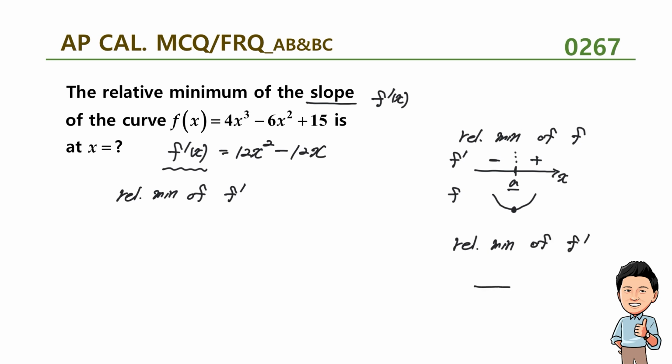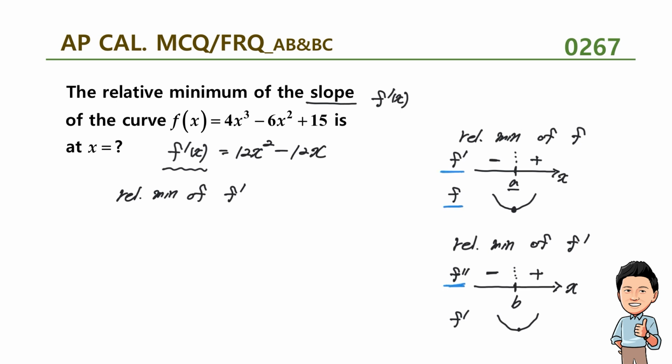Then what we have to do is find the x value where f double prime, the second derivative, is equal to 0. Let's say this value is b. Then we test f double prime. Let's say if this is minus plus here, then we know that f prime decreases here, increases here, right? F prime is the first derivative of f.